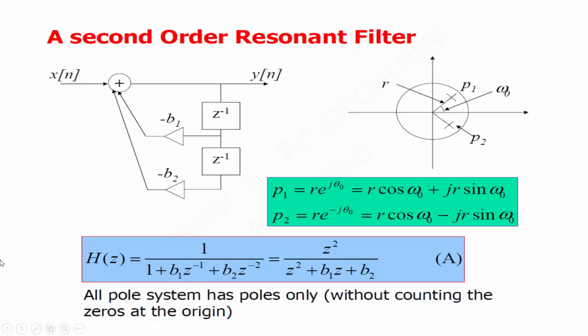Okay, now let us talk about a very important filter, which is a second order resonant filter. We will now talk about the complex conjugate pair of poles. This part is very important actually, because if the poles are real, in that case you will not be able to obtain a band pass filter.